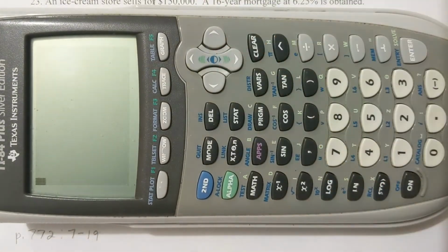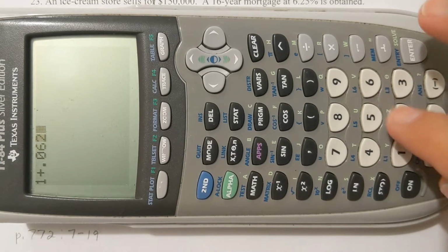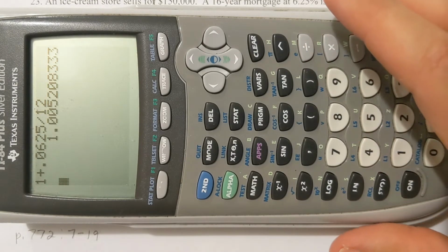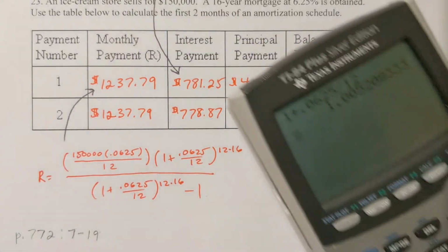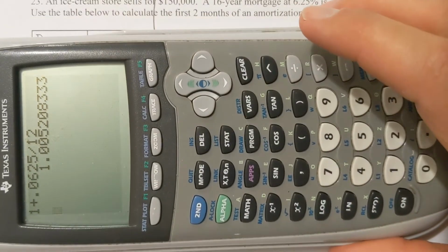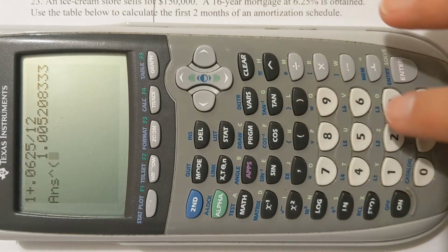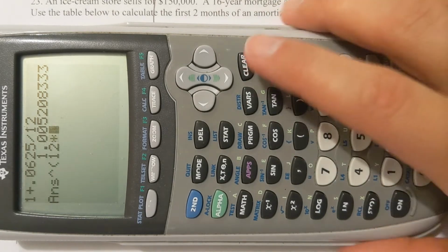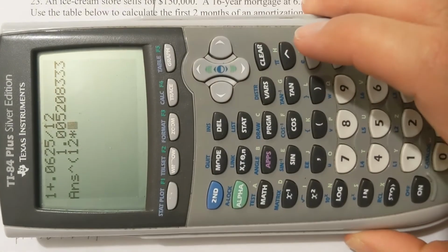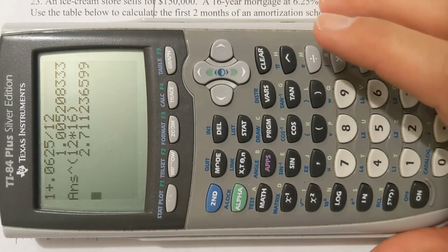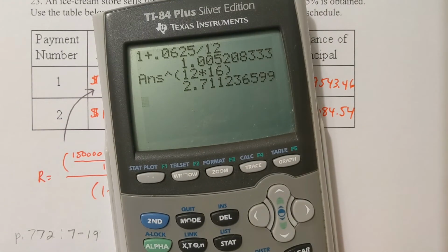So let's try 1 plus 0.0625 divided by 12. And then I need to raise that to the power of whatever 12 times 16 is. And so I get 2.711236599.